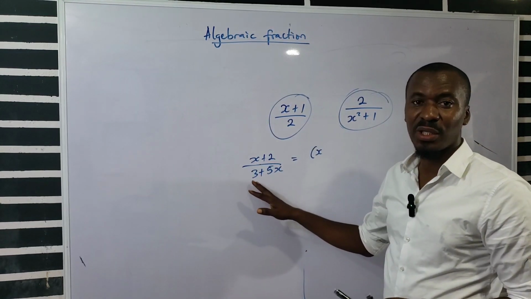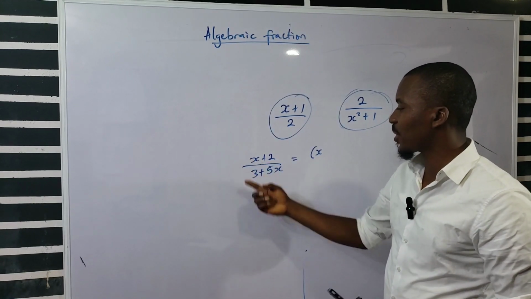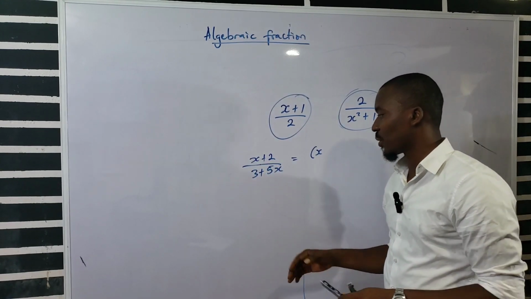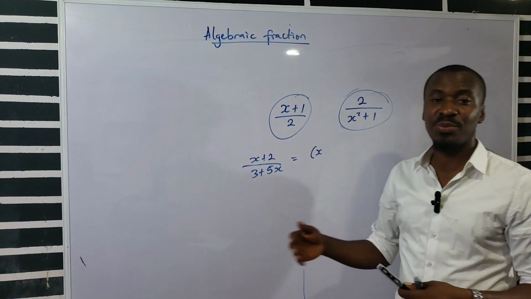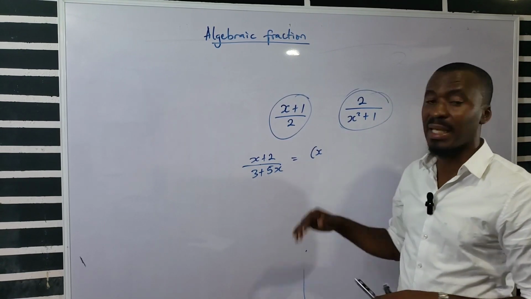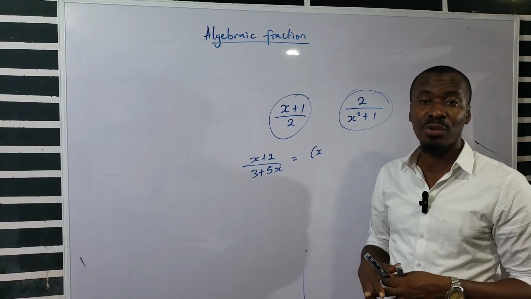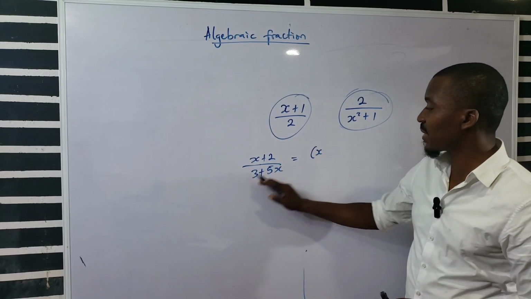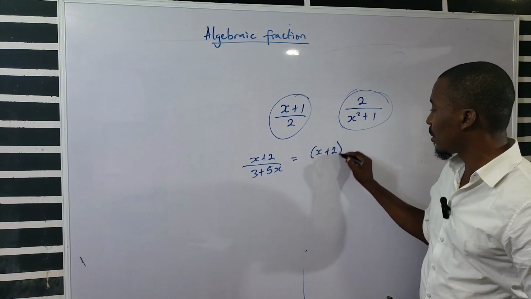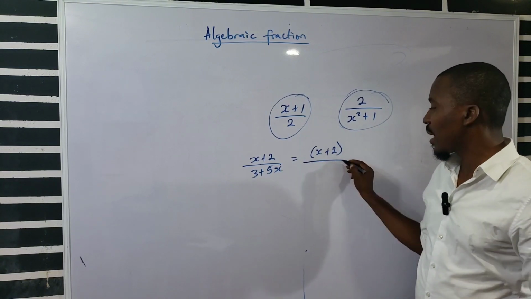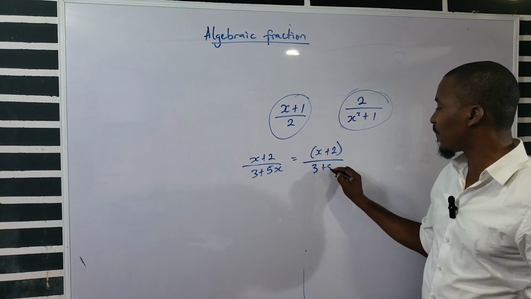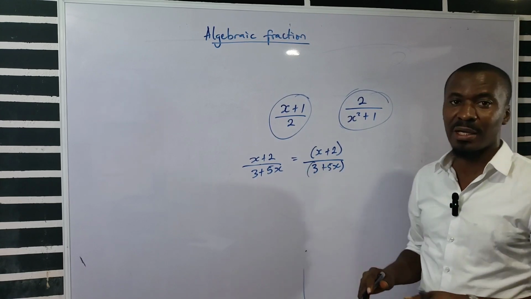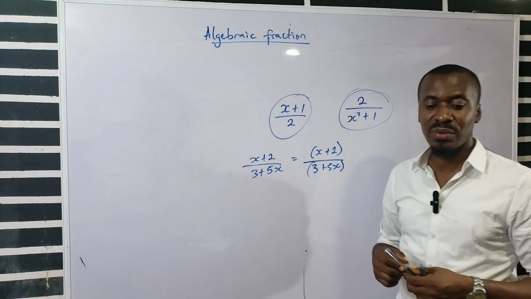When you have an expression like this, both at the numerator and the denominator, so long as it's an algebraic expression, you should put it inside a bracket. It will help you to avoid minor errors. So you put your x plus 2 in a bracket and you put your 3 plus 5x in a bracket. So that's the first thing I want to say.